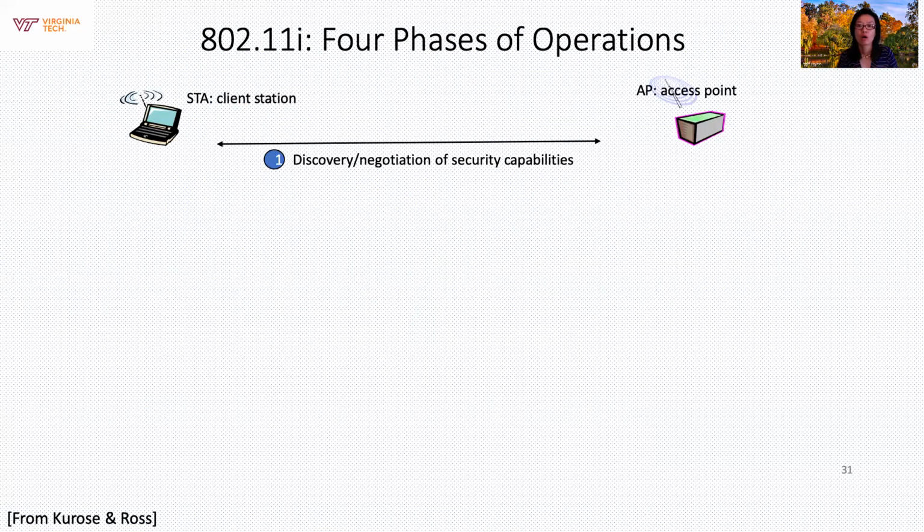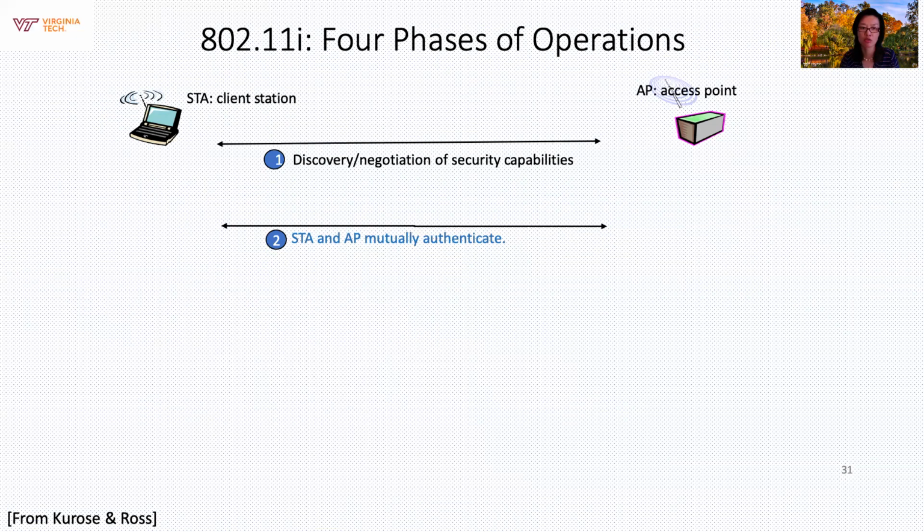And so this is a high-level diagram showing the four phases, and you see that it's very similar to the TLS phases. You have first the client, it could be our phone or a laptop, and it would negotiate with the access point, making sure they're talking the same algorithm, same version, and then they mutually authenticate.